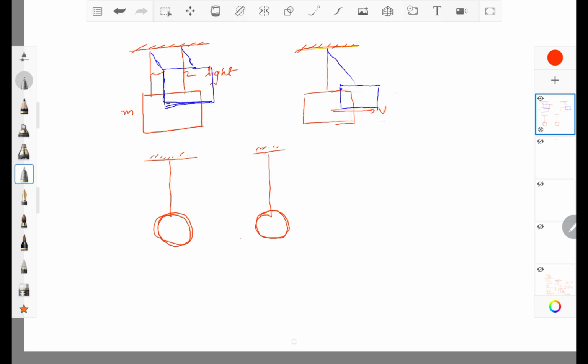What will happen to the time period is what they're asking. In this question, what is being asked is which will get displaced by the maximum angle. So we are to work on the same principle, drawing a parallel with this one.